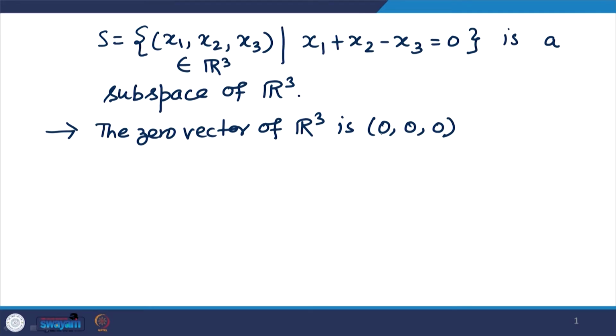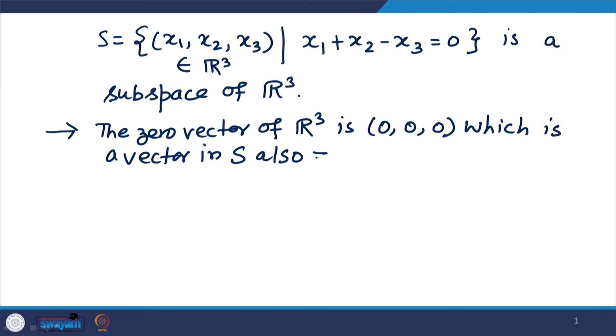So, if I take 0 plus 0 minus 0, it will be 0 only, which is a vector in S also. This implies S is non-empty.